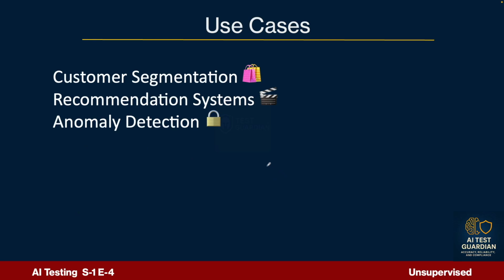Now, what are the use cases? Customer segmentation, recommendation systems, and anomaly detection. These are a couple of very famous examples of unsupervised machine learning. Customer segmentation is when we buy something online, it tries to find out the shopping pattern: what customers like more, and what they return or dislike.